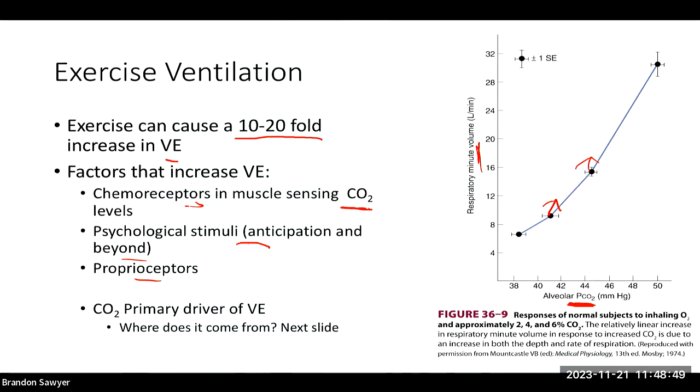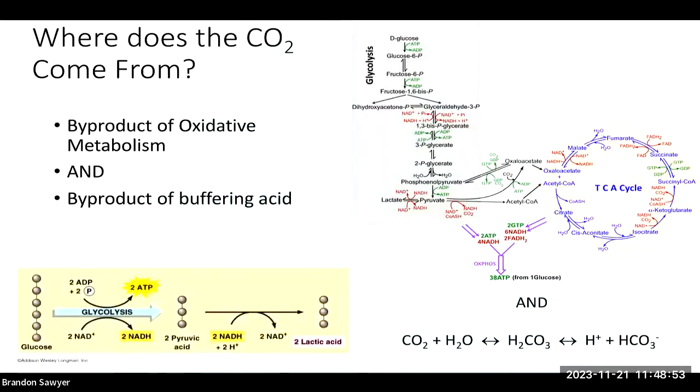Okay, so where is CO2 coming from? Why do we increase CO2 during exercise? This slide shows us that, right? We've already talked about this in terms of metabolism. We see CO2 being released from the Krebs cycle, and from the step between pyruvate and acetyl-CoA. Those are our primary places that CO2 comes from in our oxidative system.